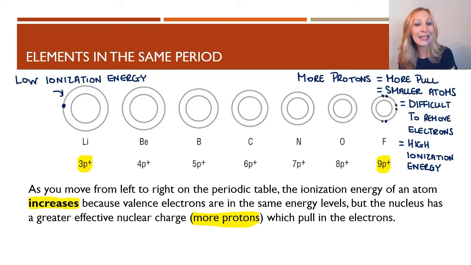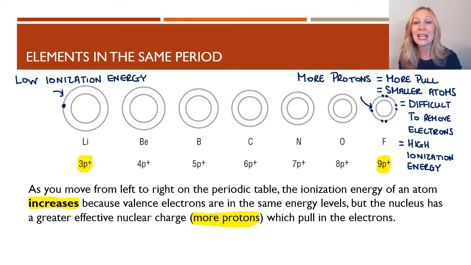But fluorine has 7 valence electrons. It does not want to get rid of any. In fact, it wants to gain a valence electron because then it would look more like the noble gas next to it. It would have a stable, full outer shell. So fluorine doesn't want anything to do with giving up electrons because it's trying to go find one to complete its outer shell.